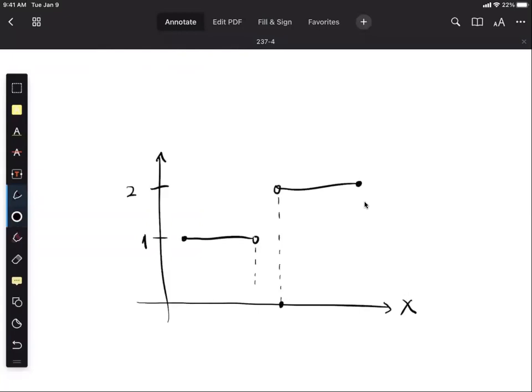So on the left, it is also 0, and on the right, it is also 0.